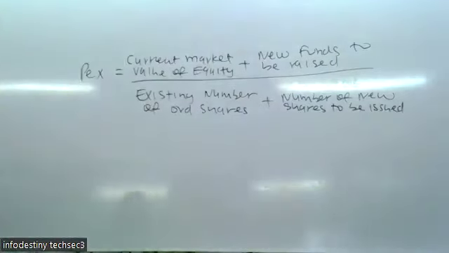So, current market value for equity. You simply take the current number of the ordinary shares, which are 1 million, multiplied by 49.5.